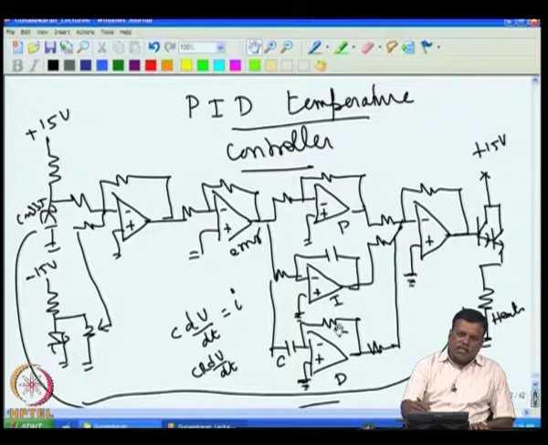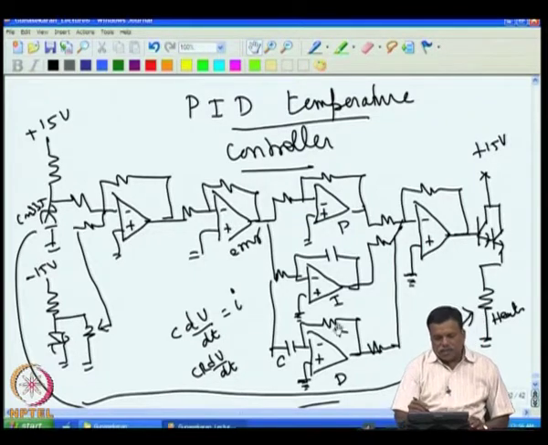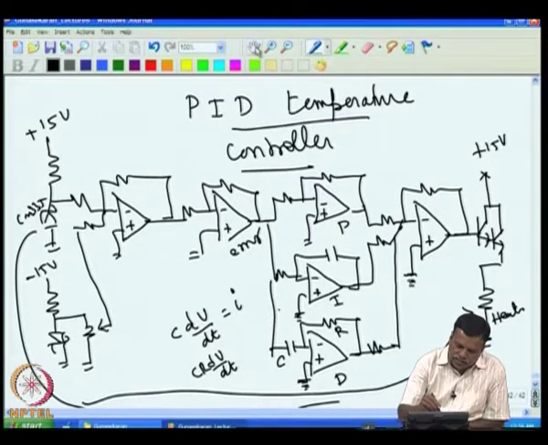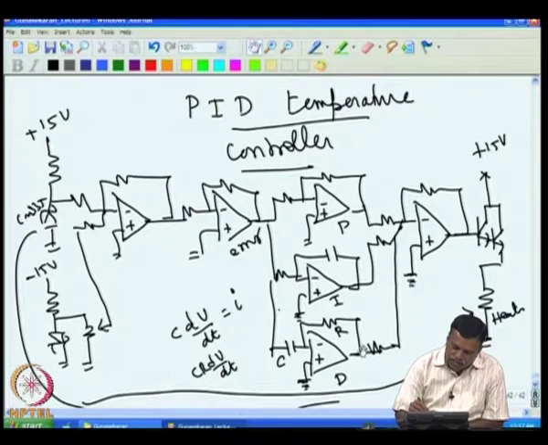This is mainly done to avoid noise pickup, because as I said, if a voltage change occurs at this point, the changing voltage produces a changing voltage here. If here we are using a capacitor, and if I have to have a large differentiator, then I have to use a large C here.